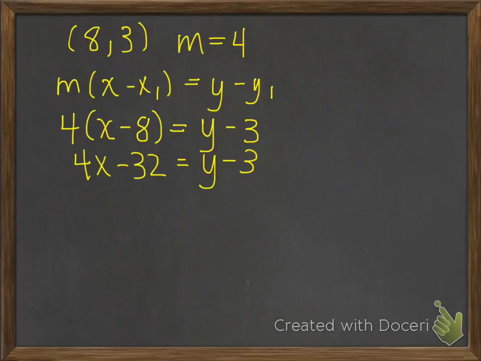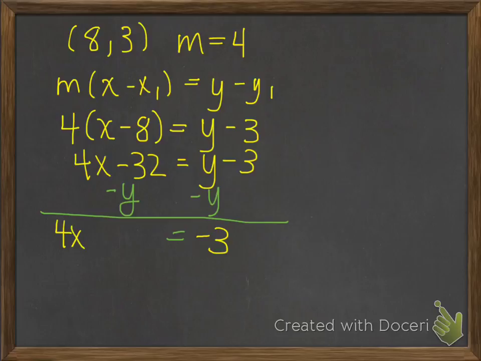So I'm going to put this into standard form. So I'm going to subtract y from both sides. And I get, excuse me, I get on the right-hand side, y minus y is 0, so I'm left with negative 3. Over here, we've got 4x minus y minus 32.